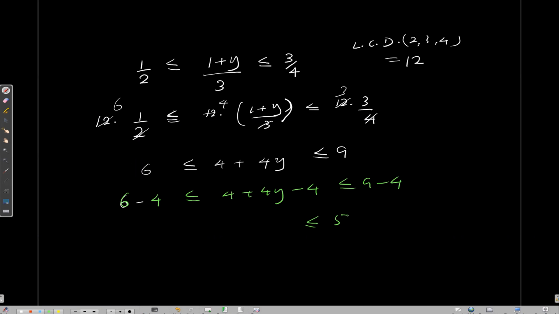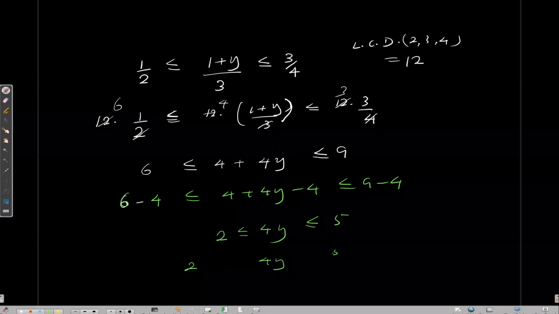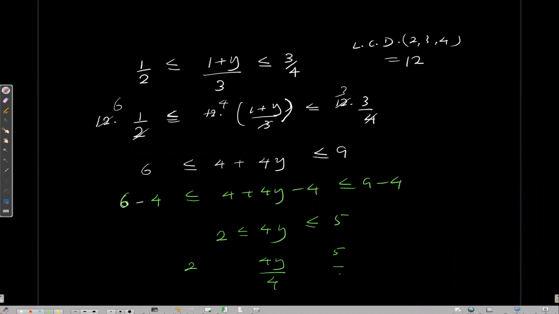So I get 5, I get 4y, and I get 2. And now I would like to divide by 4. 4 is a positive number, so the inequality does not change. So I get y less than 5 over 4 and greater than 1/2.